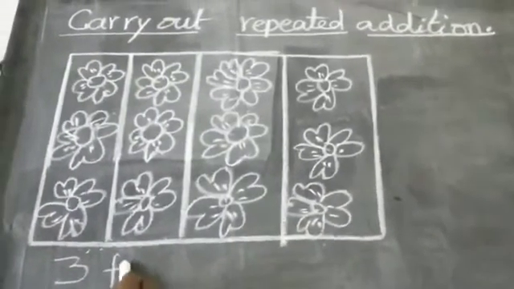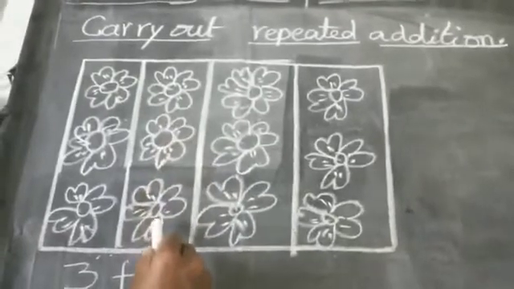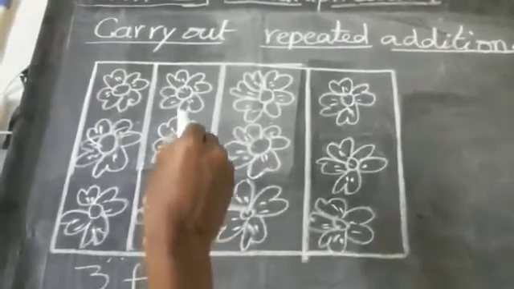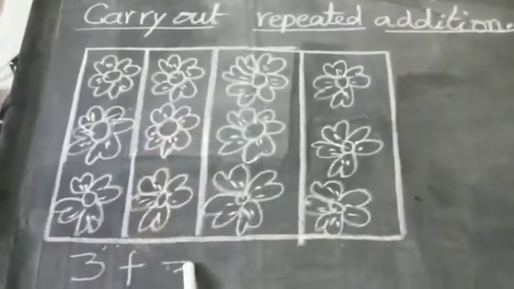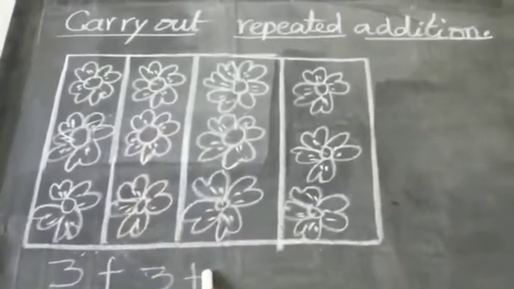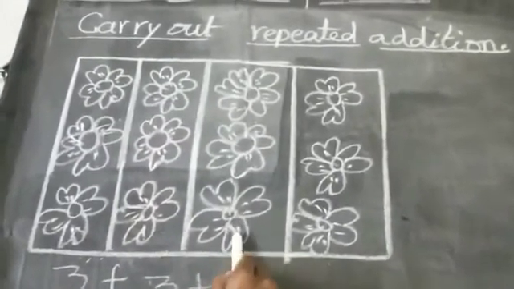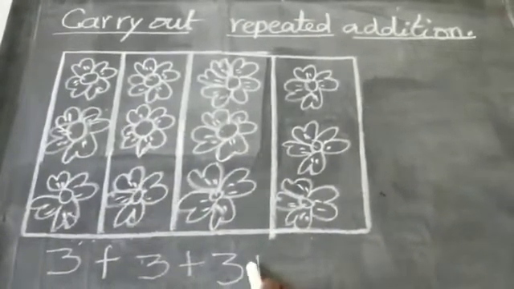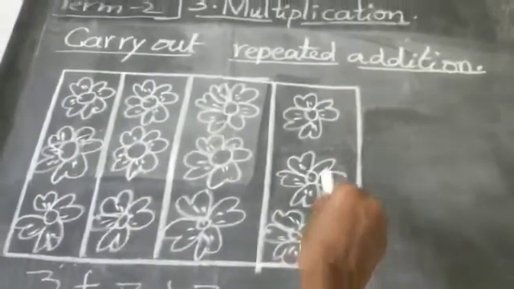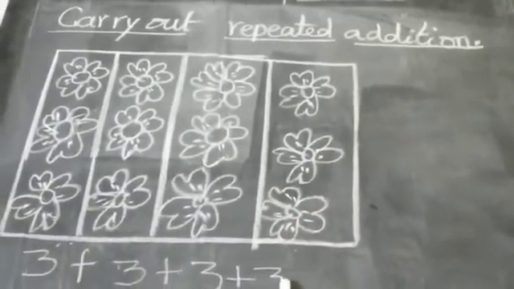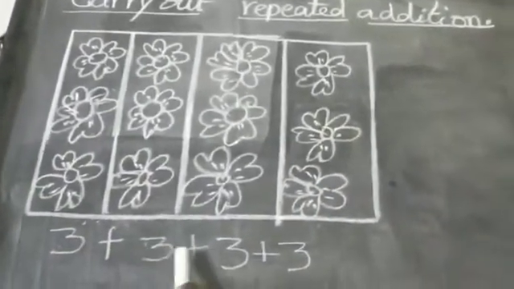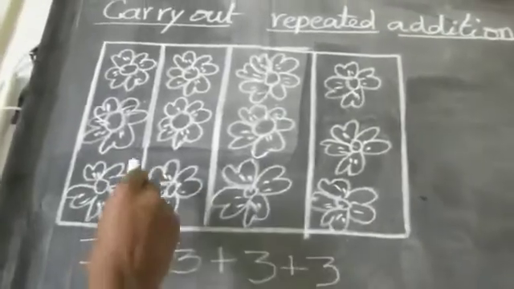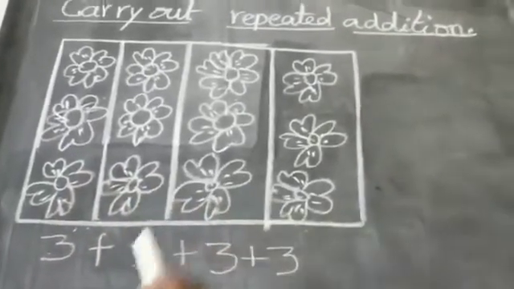Plus second group, how many flowers? Count 1, 2, 3. Third group, 1, 2, 3. Fourth group, 1, 2, 3. There are 4 groups of 3 flowers each.